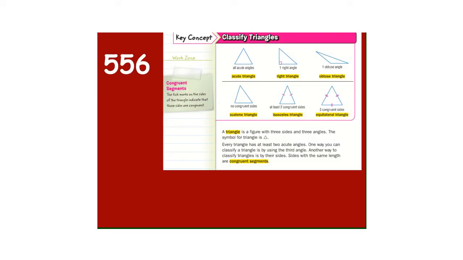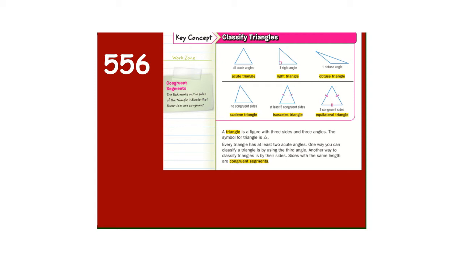Okay, page 556. Pause the video. You need to know what all of those words are, all of that yellow highlight. Acute, right, obtuse, scalene, isosceles, and equilateral. Okay, one way that I can remember scalene is there's no congruent sides. Nothing's the same. Everything's different.